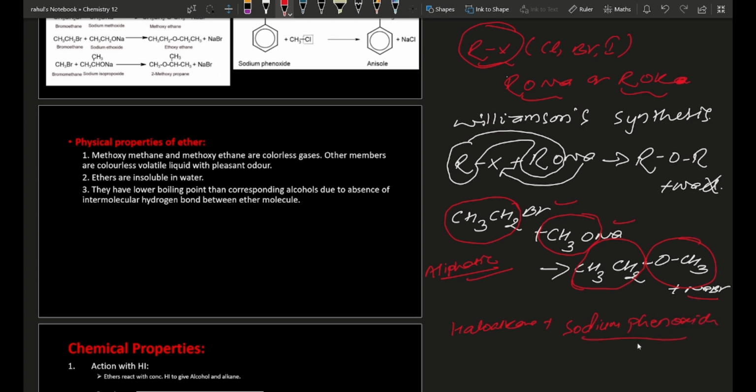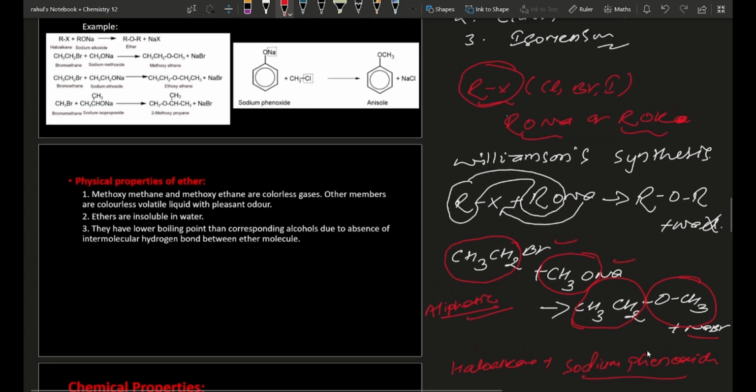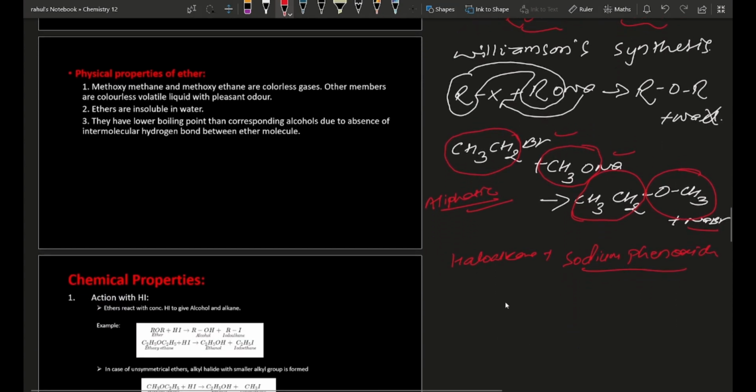Sodium phenoxide भनेको sodium phenoxide is an aromatic compound in which the functional group ONa is attached to a benzene ring. So haloalkane is CH3Cl plus sodium phenoxide भनेको benzene ring, here ONa. So this is sodium phenoxide.